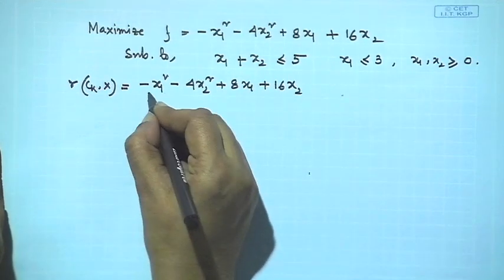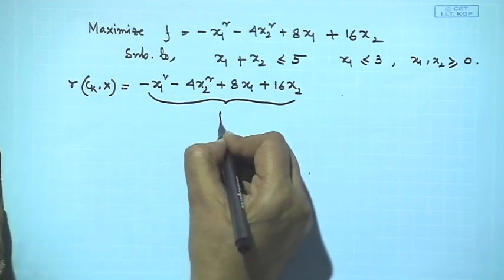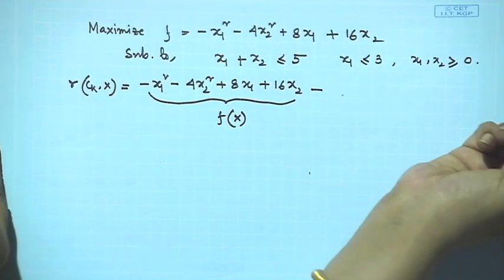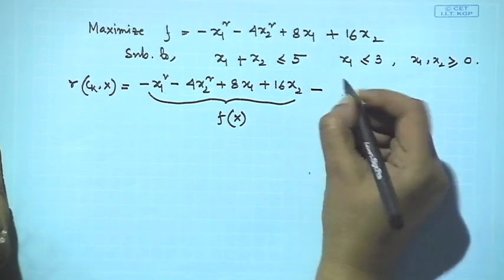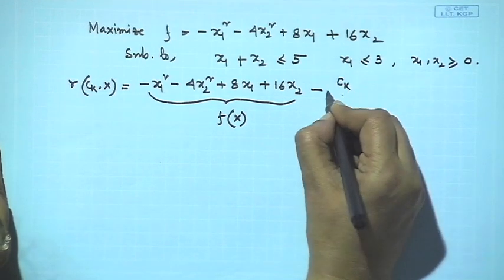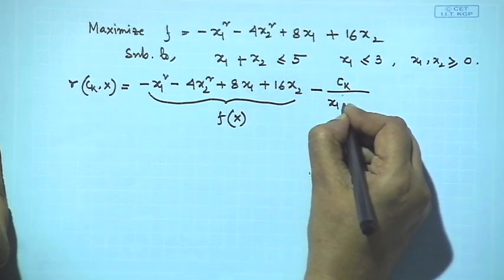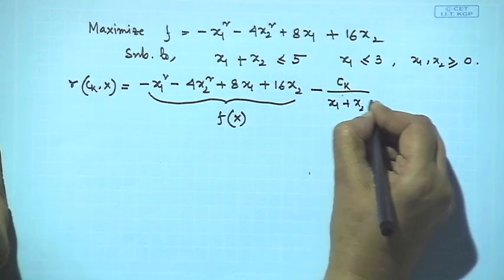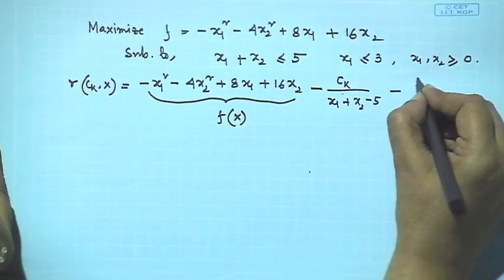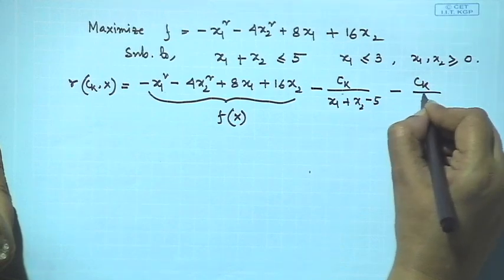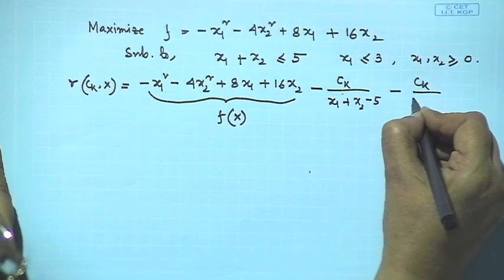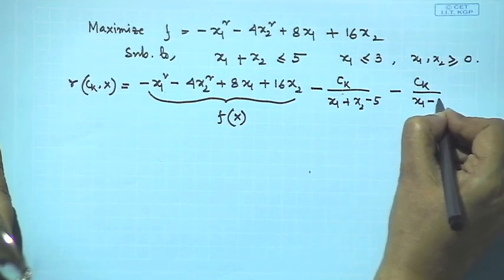Now, this is f(x), and the function will be minus ck divided by x1 plus x2 minus 5, okay, minus ck divided by x1 minus 3.